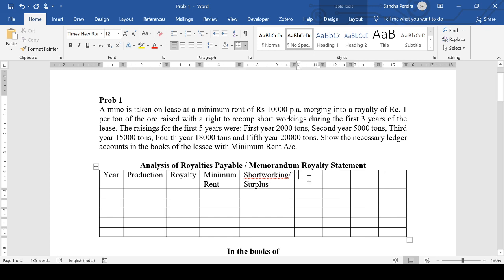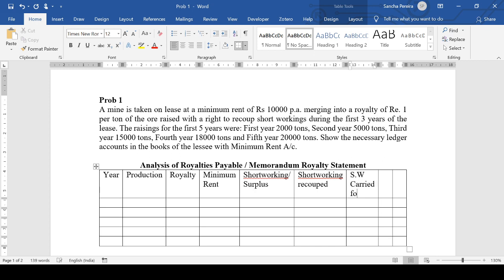Then we have short working recovered, or also you can say recouped, since they've used the word recouped or recovered. Then we have short working carried forward. Since the columns are small, I just write it as a short form.